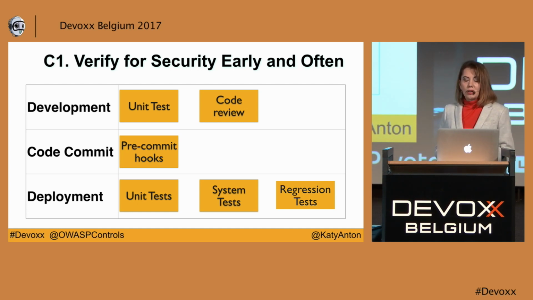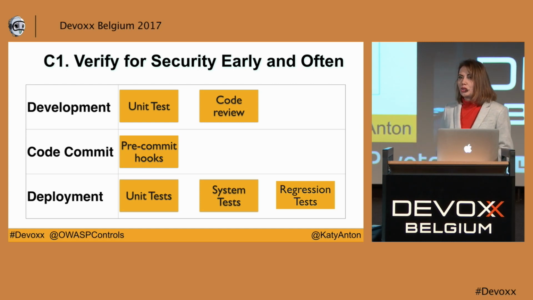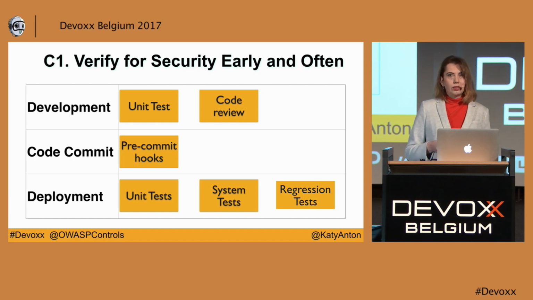You can create Selenium tests in conjunction with OWASP ZAP or other tools. And also at this stage, you can have tests using static analysis tools. Prior to deployment, you can run your regression suite of tests in conjunction with dynamic analysis tools.